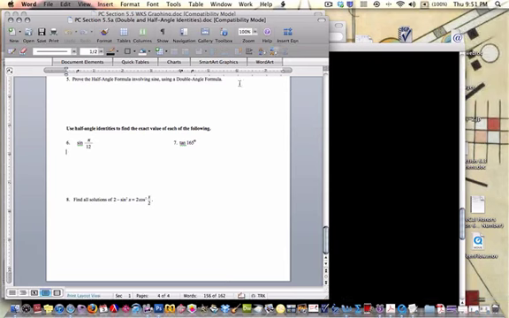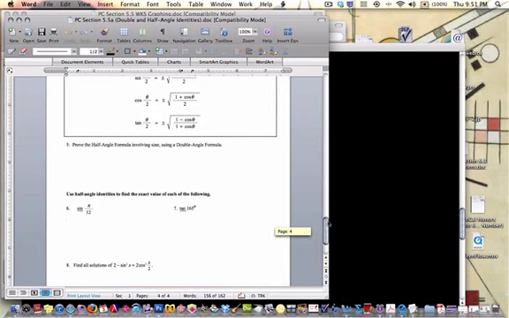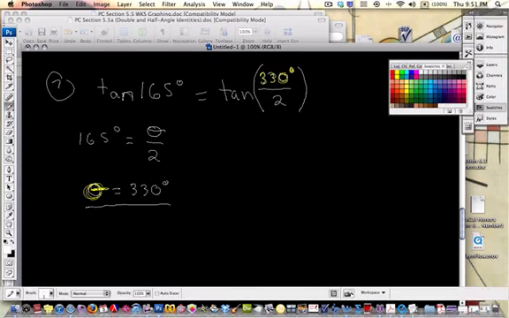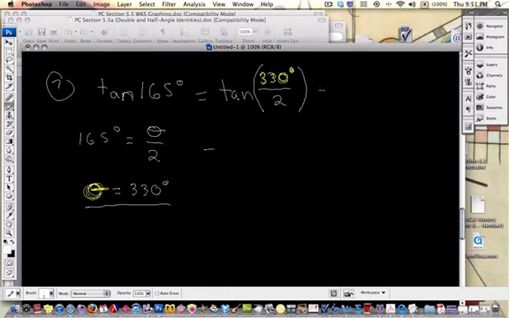So according to my formula, this equals plus or minus root 1 minus cosine theta over 1 plus cosine theta.